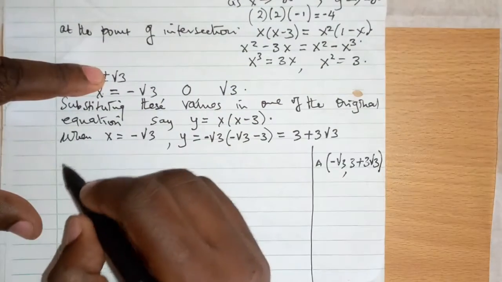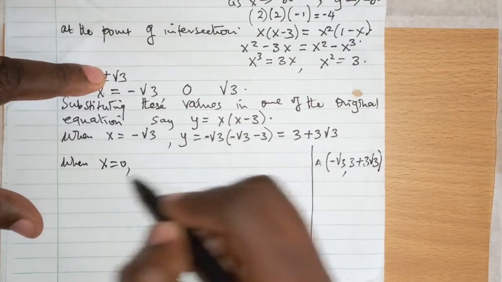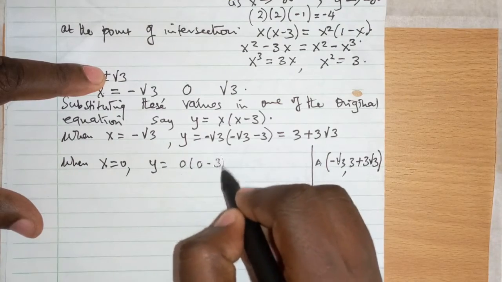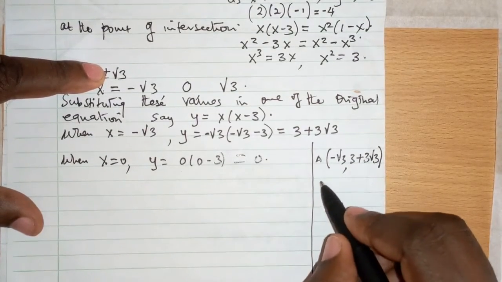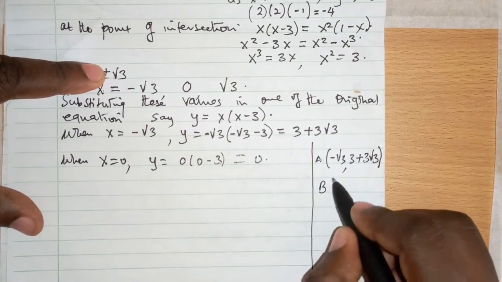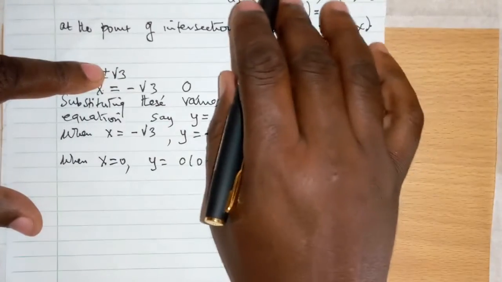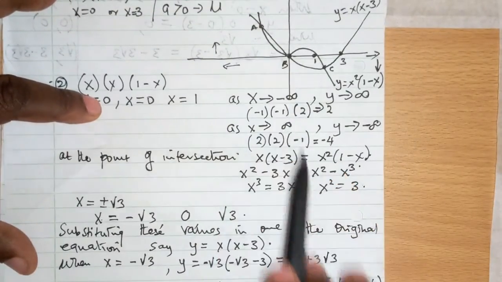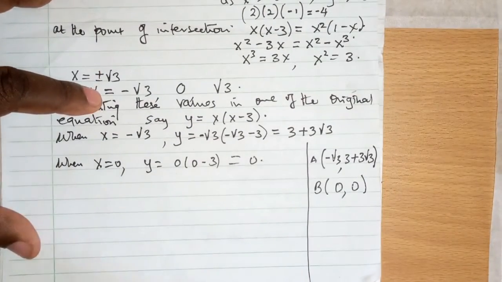Point B, of course, when x is equal to 0, y becomes 0 minus 3, which is easily 0. So point B, as you can see, has coordinates 0, 0. You can already see point B is the origin, and therefore we are convinced that it has coordinates 0, 0.